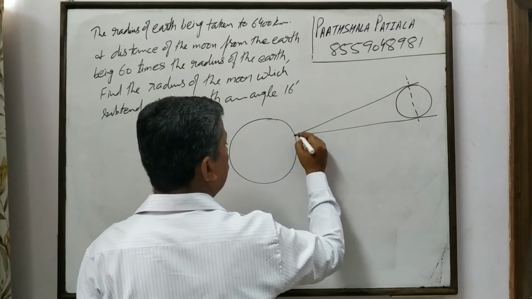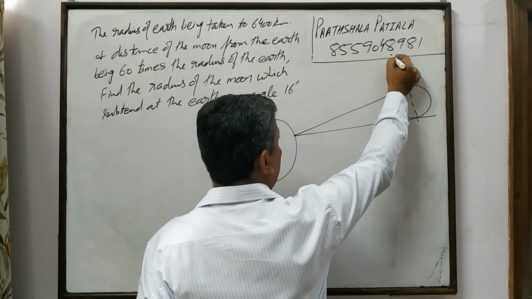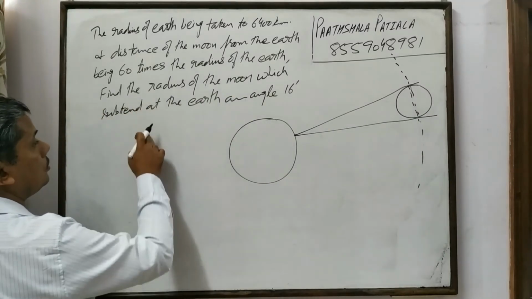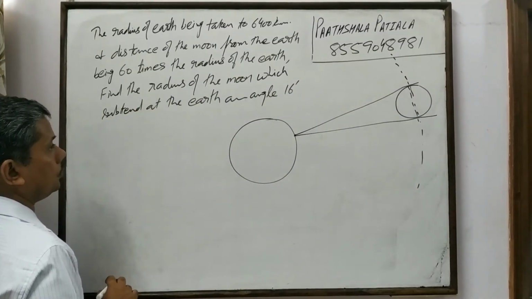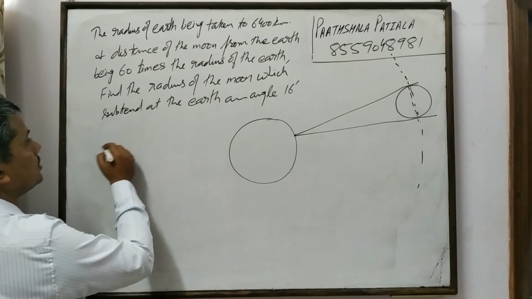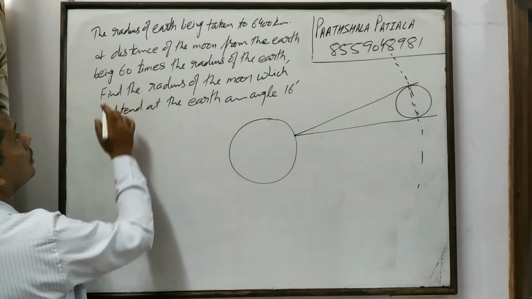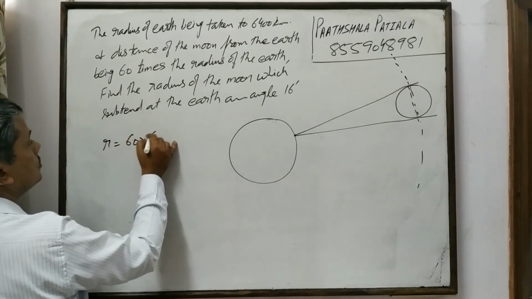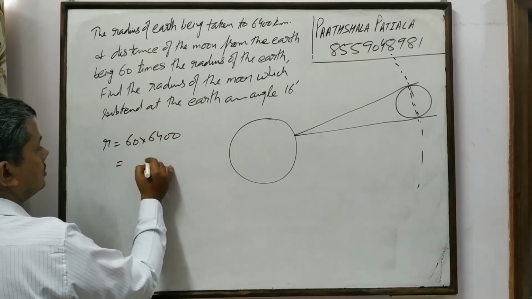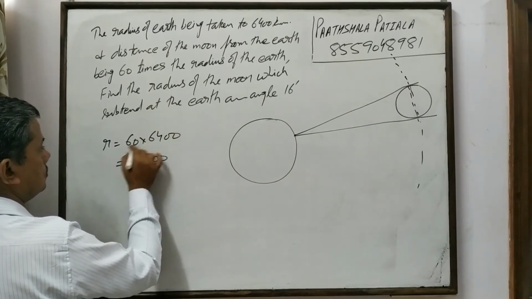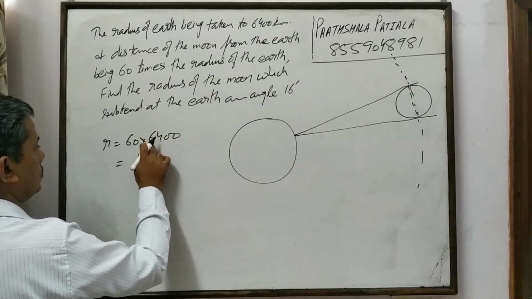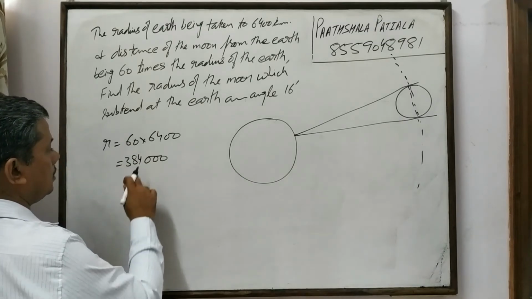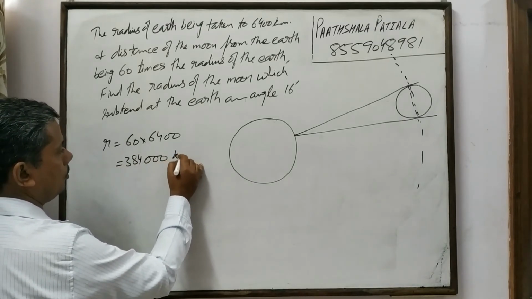So you draw a circle whose radius is equal to the distance of the earth from the moon. So the distance of the earth from the moon is given by r is equal to 60 into 6400, which is 384,000 kilometers.